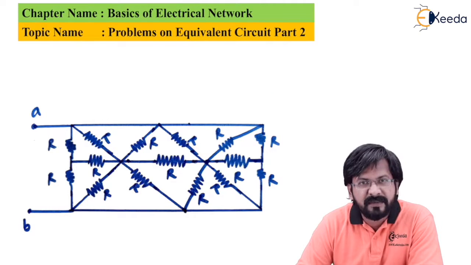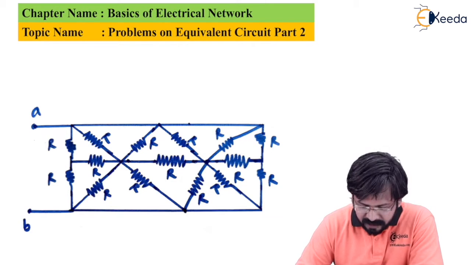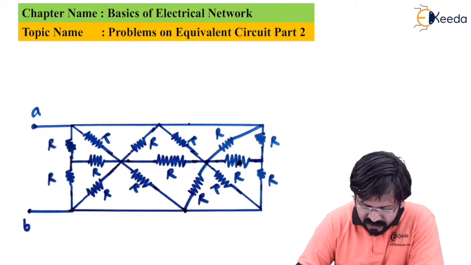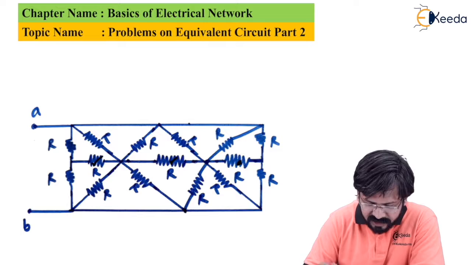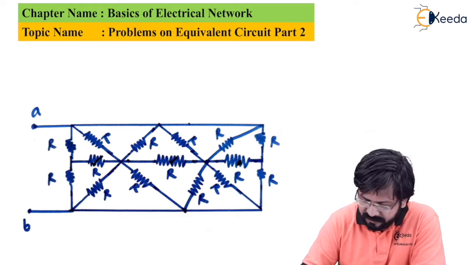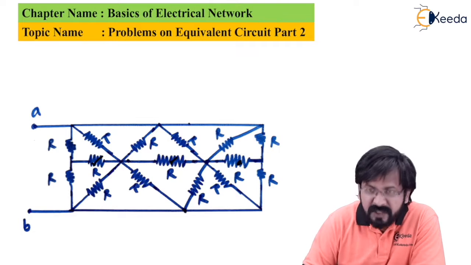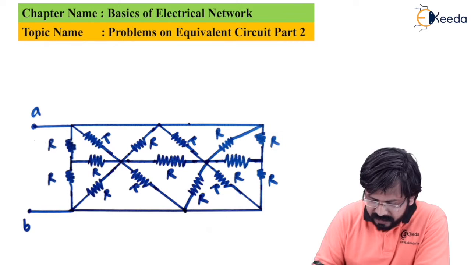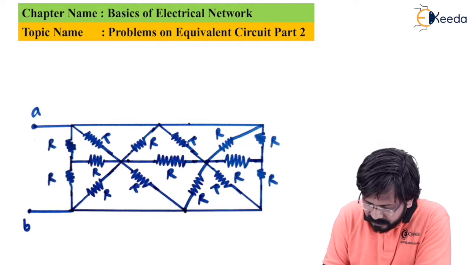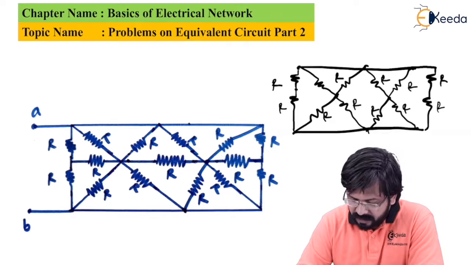As you can see, we knew that the middle resistances, that is this resistance and this resistance, are redundant. So I'm just removing those resistors, and the equivalent circuit now will become like this. Yes.